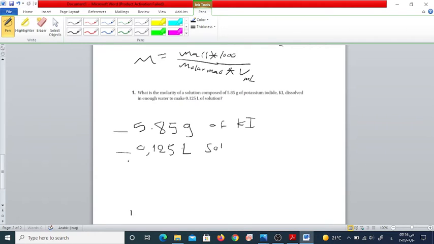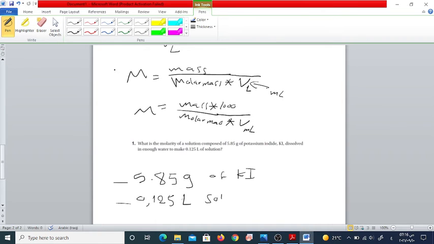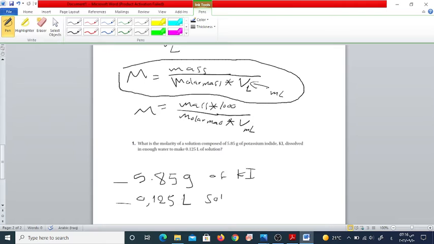The unknown is the molarity. So very easily I can use this law. Why? Because the volume is given in liters.